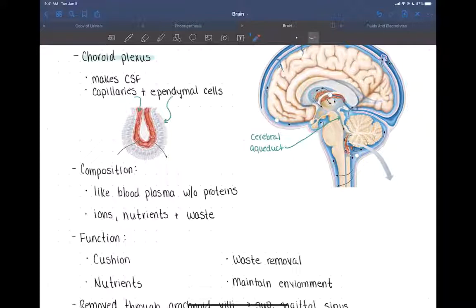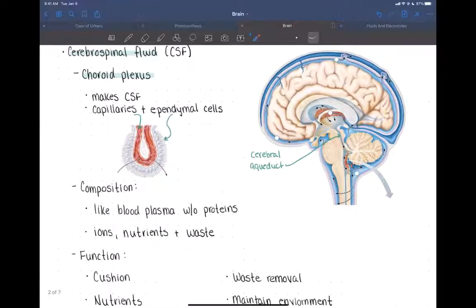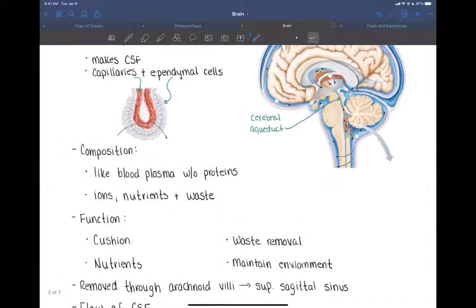Or it can travel downwards and go through and around the spinal cord below. And eventually that CSF will be returned to those arachnoid villi to go into the blood and get rid of any waste products. Good. So that's the flow of CSF, where it's made, and what its composition is.